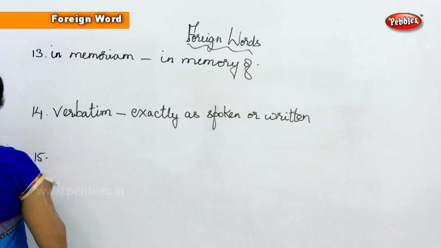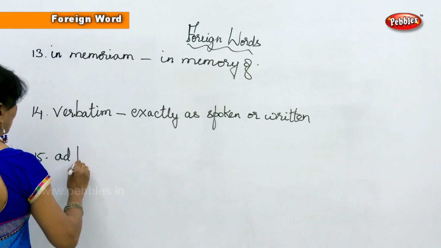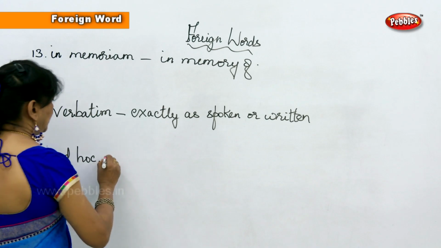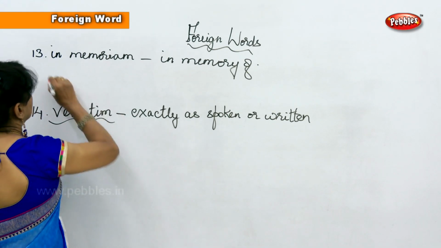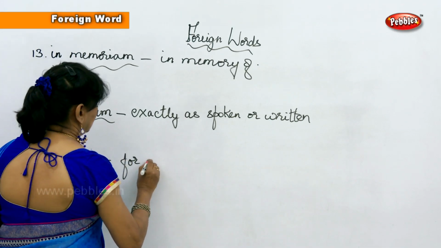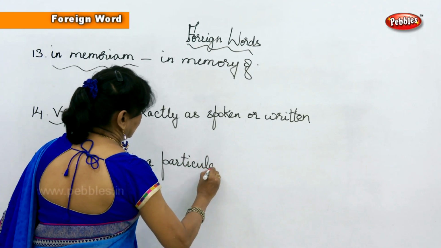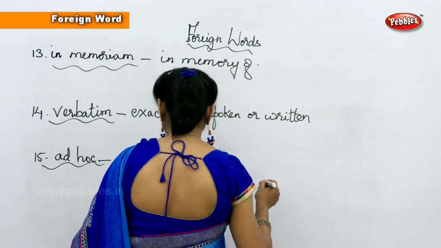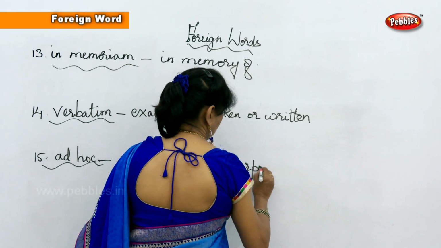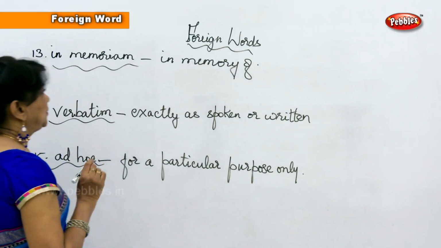And 15, ad hoc. These are very commonly used words and you should know the meaning. For a particular period or purpose only. For a particular purpose only.